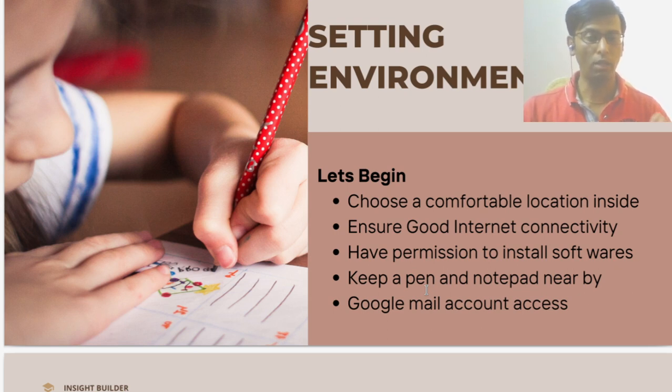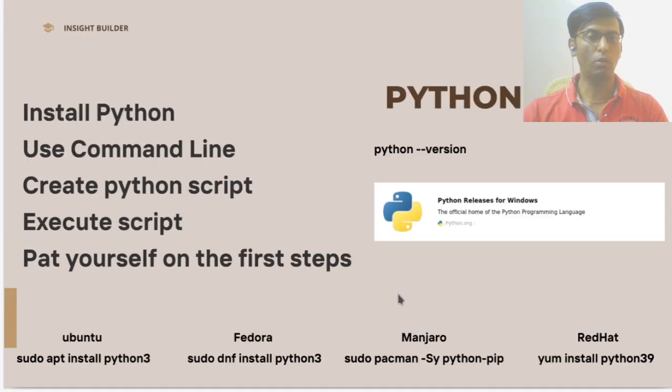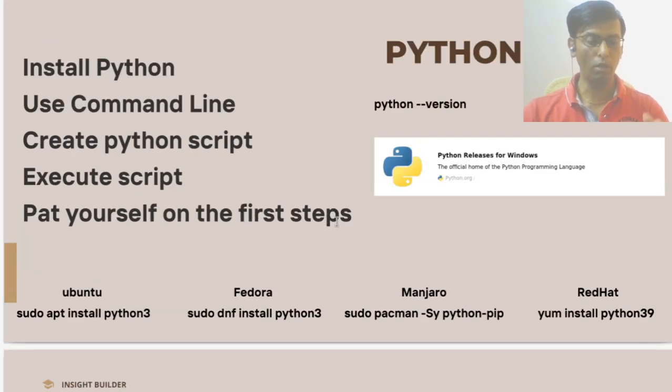Second, you need to have a Google Mail account access. This will be required if you have to get GitHub account access that we will be going into detail in a couple of videos. This is how you first start. Next, what we are going to do is we are going to go and install Python on Windows machine. So this is how we are going to do that.